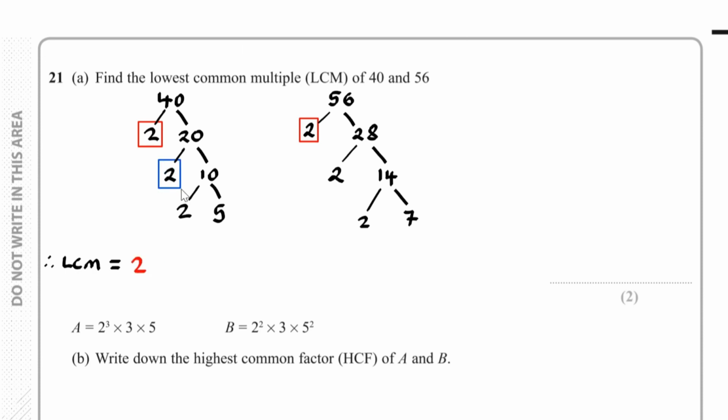We've got this 2, which is common to both. We've got this 2, which is common to both. And then we've got the 5 and the 7, and all this needs to be multiplied. So what we end up with over here is 280.